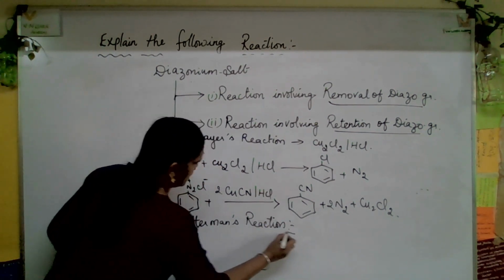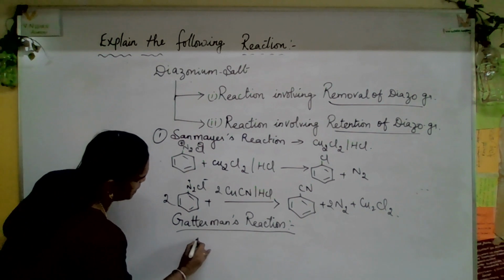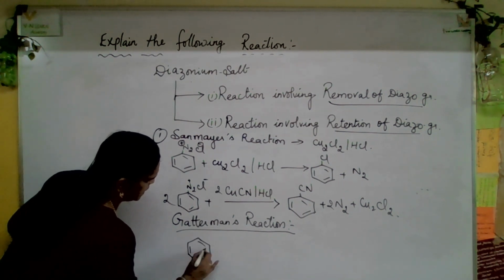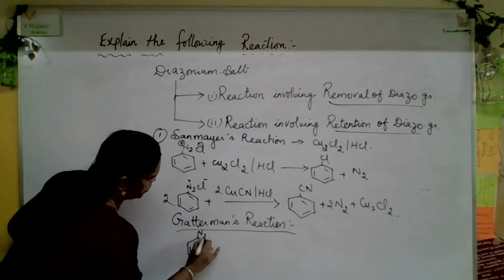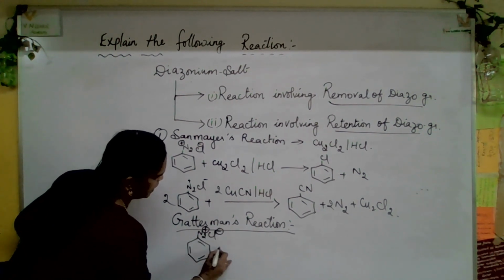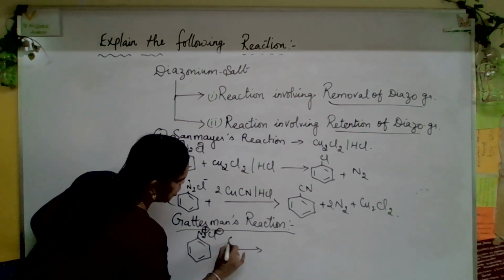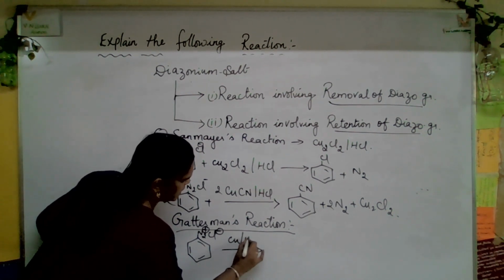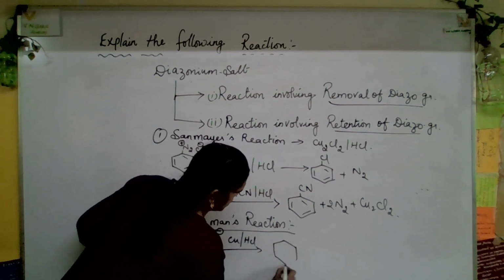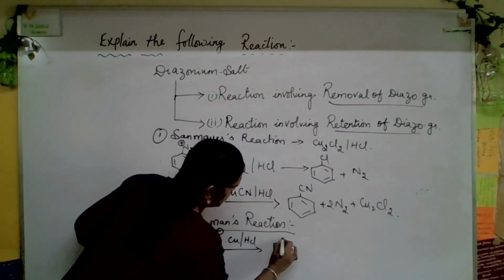Okay, so Gattermann's reaction, it's very simple. The same diazonium chloride only. Diazonium chloride N2Cl. This is a salt formation. Okay, along with that, copper powder with HCl. So copper powder with HCl, what will you get? You will get the same chlorobenzene.